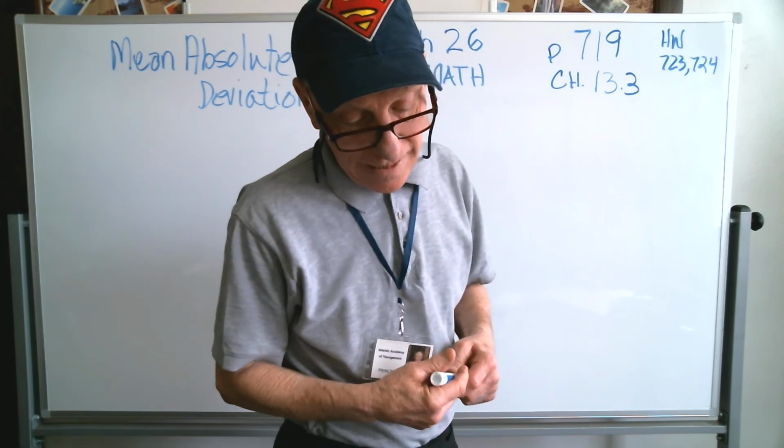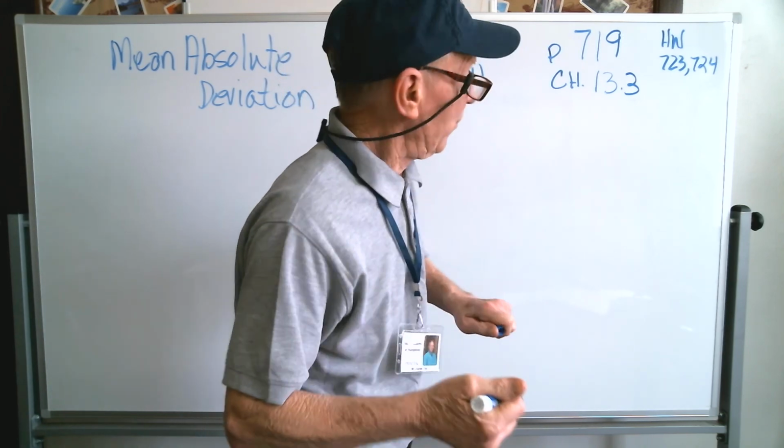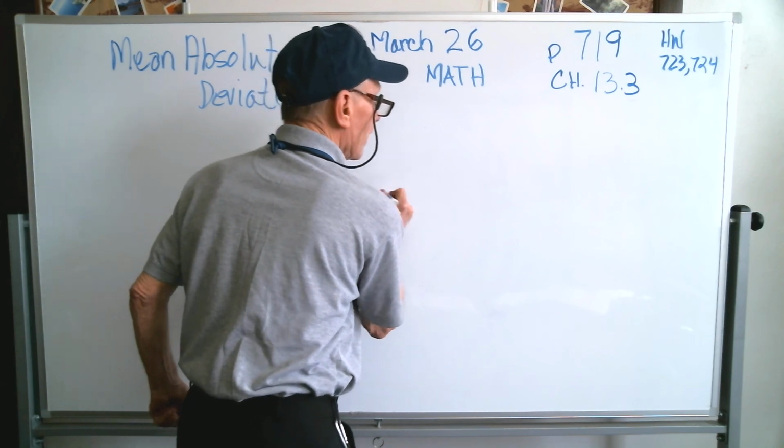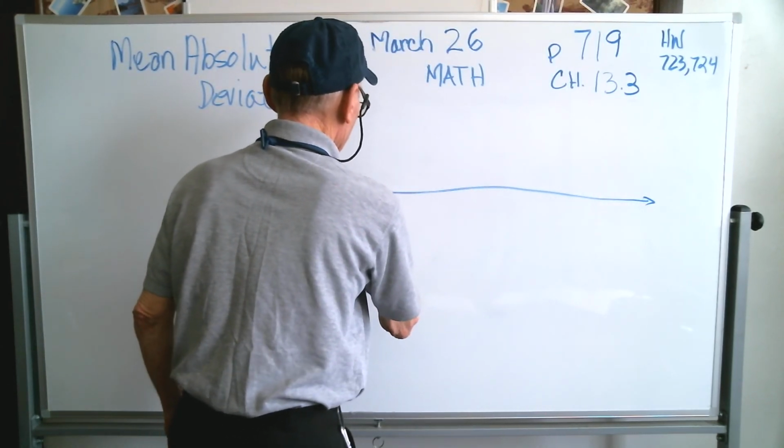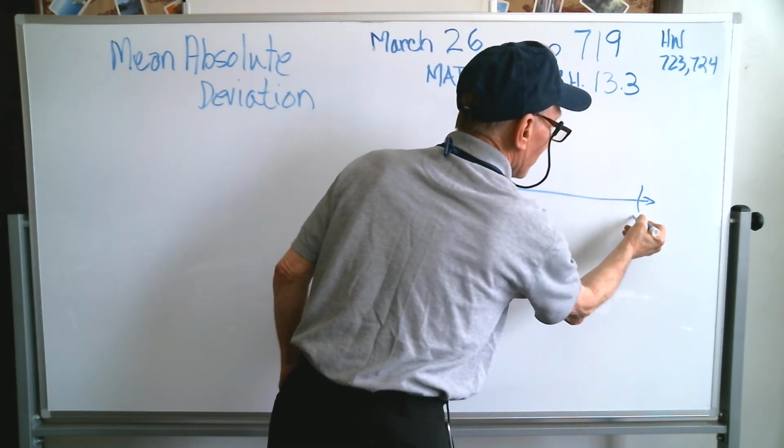So let's just look at that one to begin with. We'll start with a number line there. And that's going to go from 0 to 10.